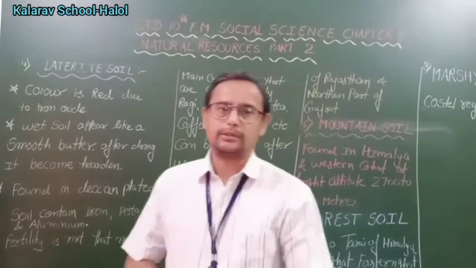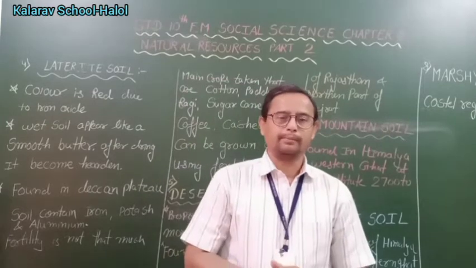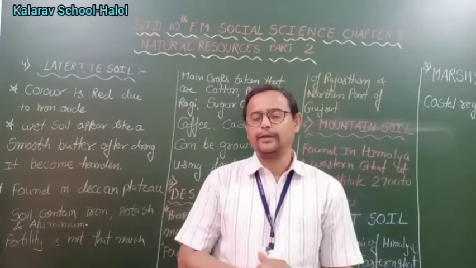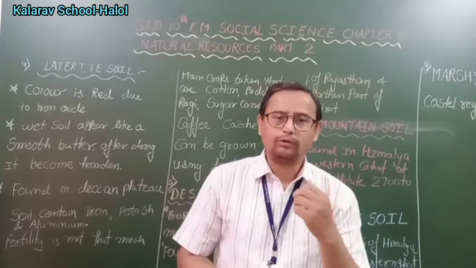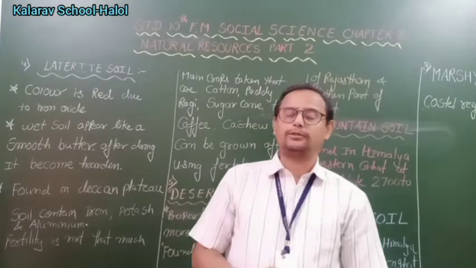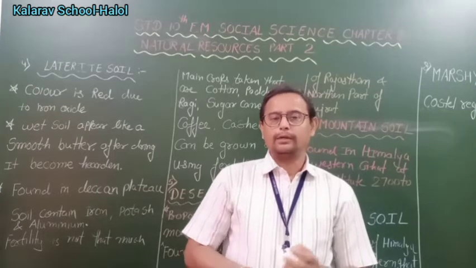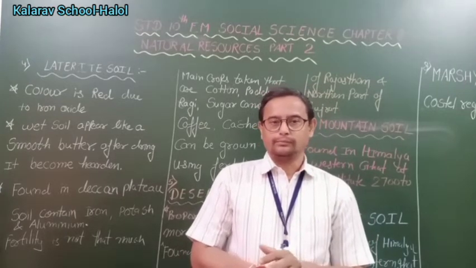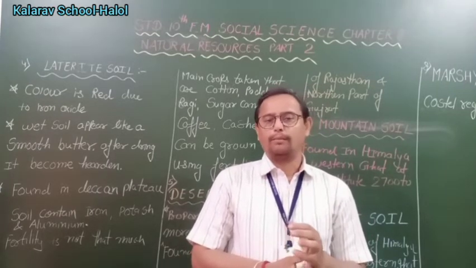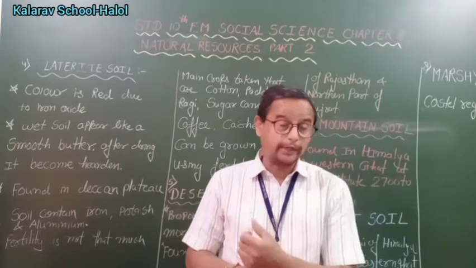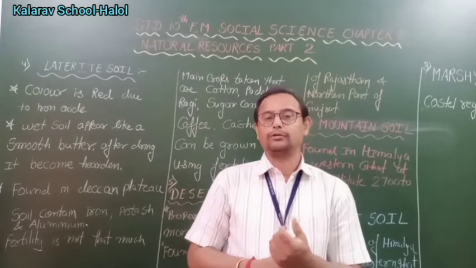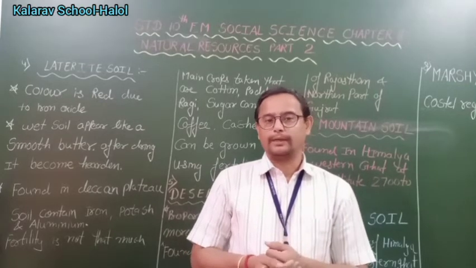Hello students, just now we studied about the black soil. Now we are going to learn about the laterite soil. In black soil there are different components coming from the volcanic eruption, and because of that its color is black.